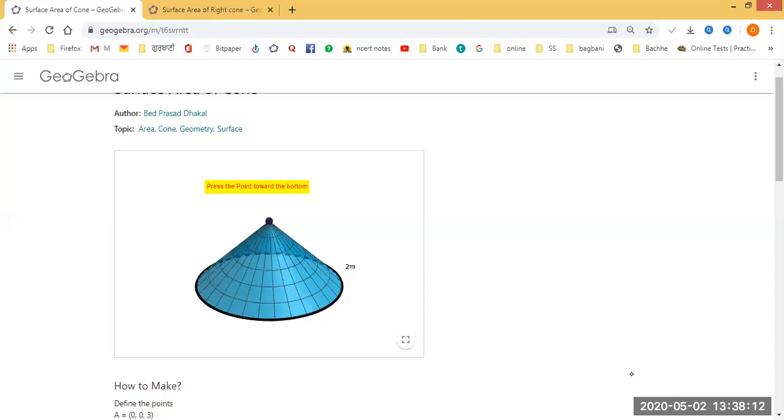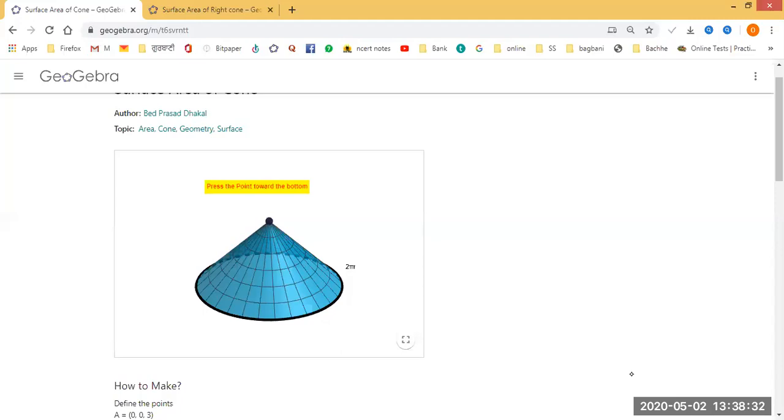Now you might wonder that normally the height of the triangle starts from here and goes straight down here. But if this triangle is very small, these sides come near, and you can say the height is the same as these sides.